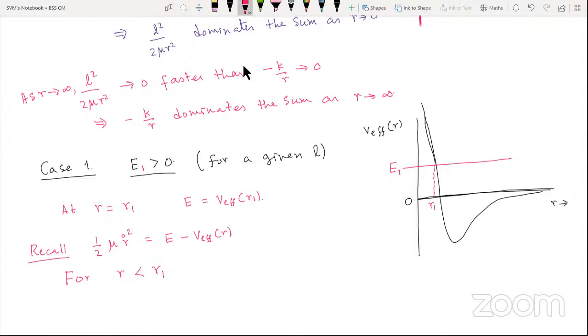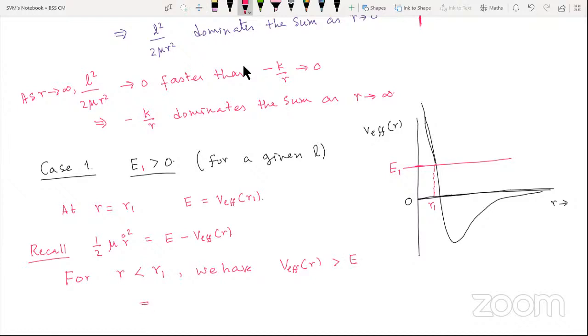In this region, R less than R1, your V effective is larger than the energy, because energy is this value, whereas V effective is higher. We have V effective of R is greater than E.